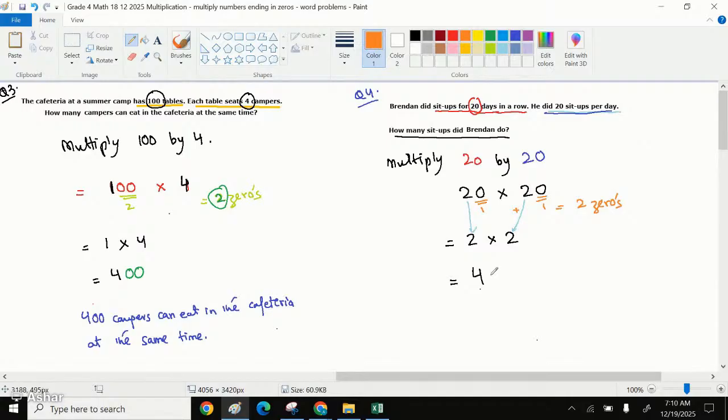There were 2 zeros, so we write 2 zeros. That means Brendan did 400 sit-ups in 20 days.